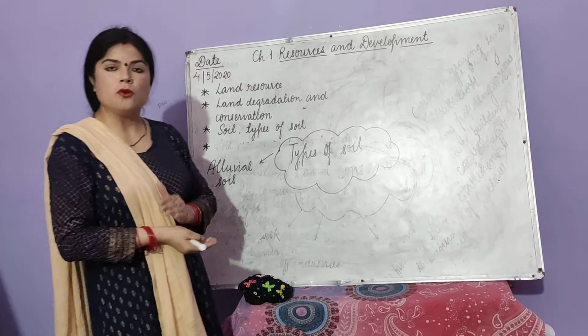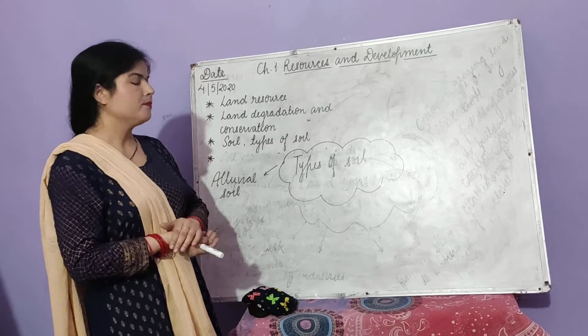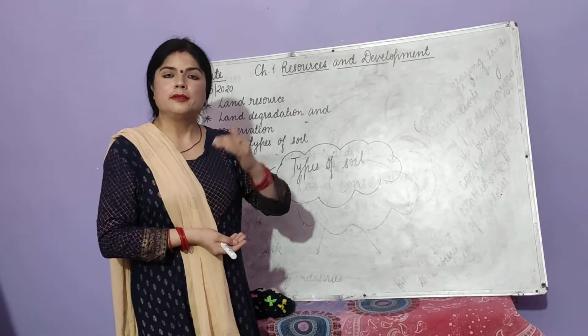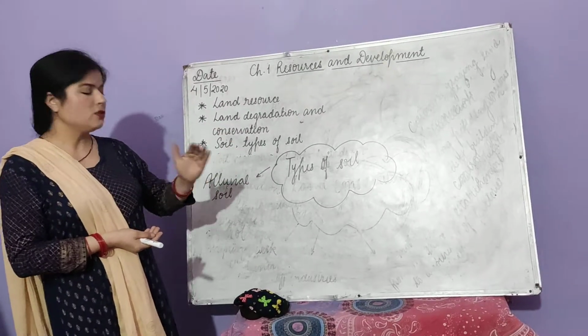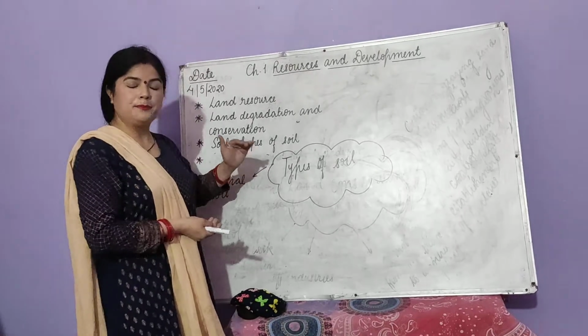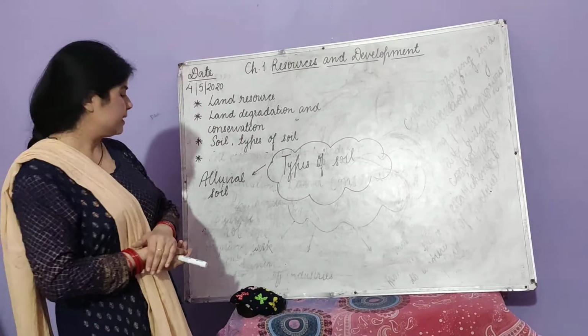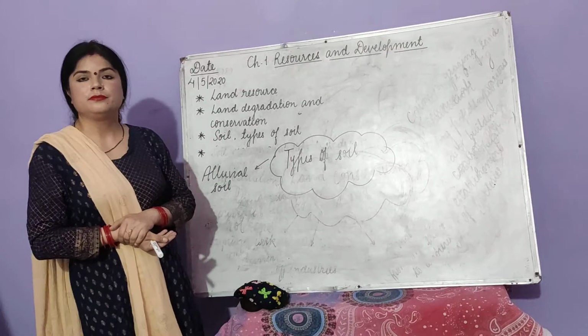When these rivers flow, they carry so many things with them like minerals, sand, pebbles, silt, and start depositing all these things in different areas. And where these rivers deposit these things, these areas become fertile.